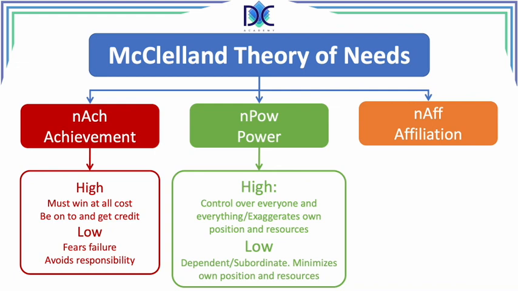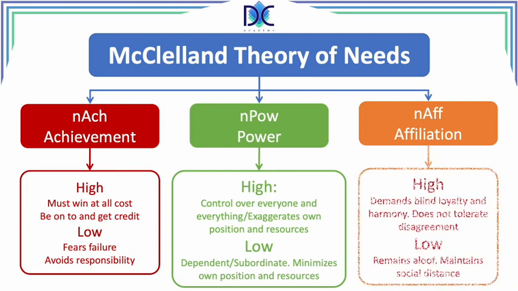They are dependent, subordinate, minimizes own position and resources. When we look at affiliation, they demand blind loyalty and harmony, do not tolerate disagreement, but they remain aloof, they maintain social distance. So we have different elements related to these three categories that were defined.